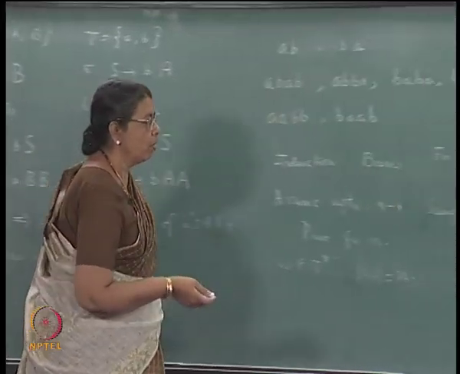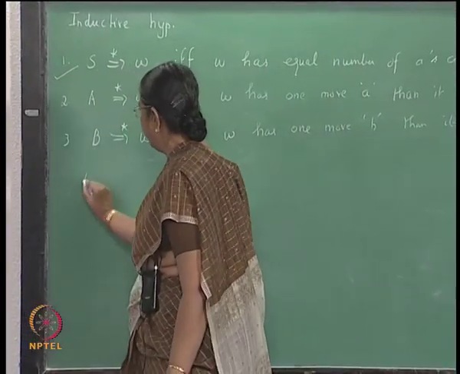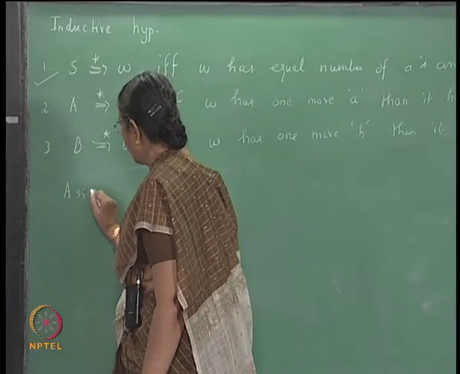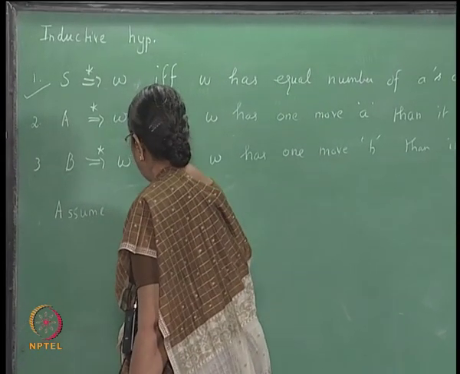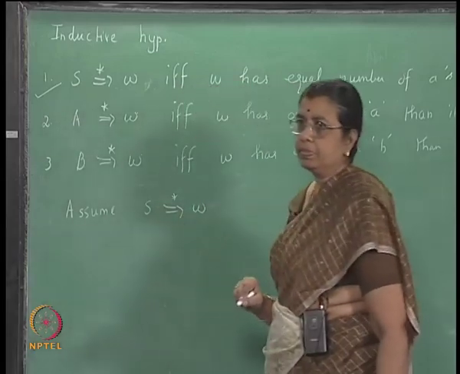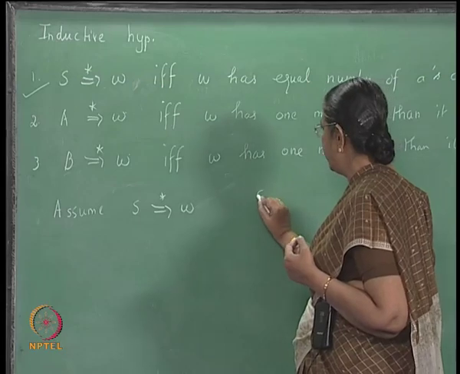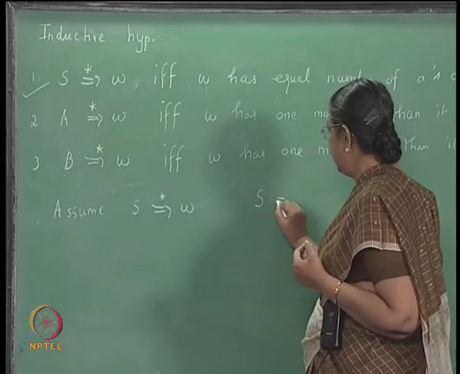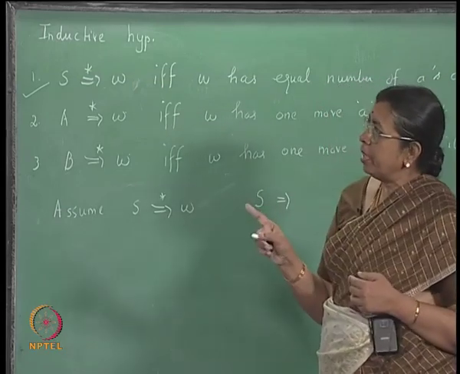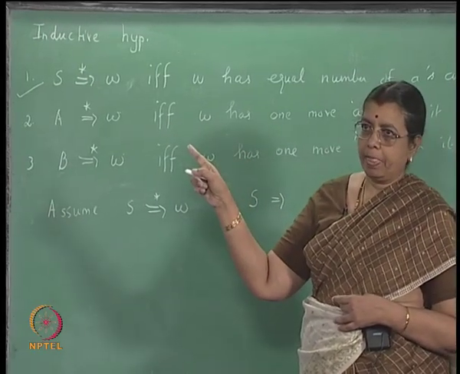Let us see how to go about this. First, assume W is derivable from S. So, if you start from S, you have to use rule number 1 or 5, right.